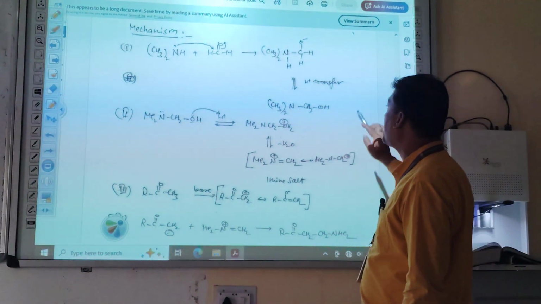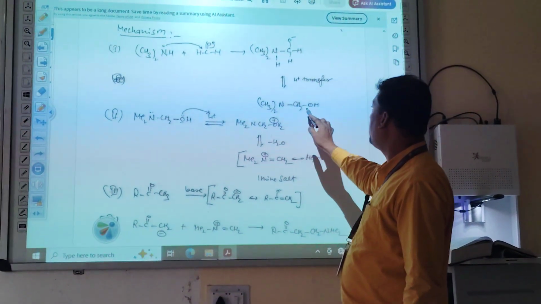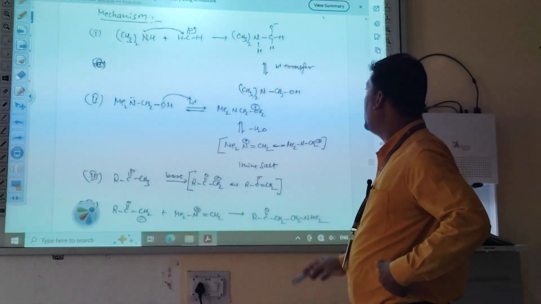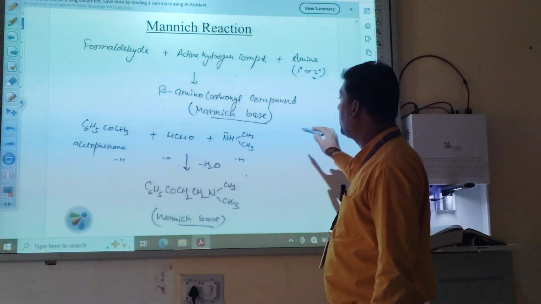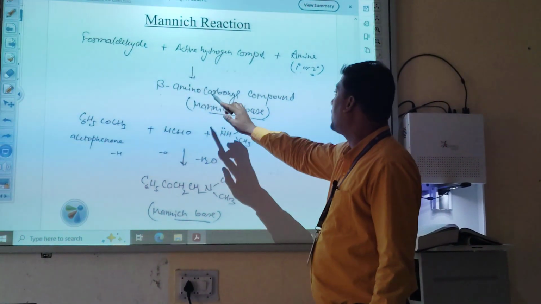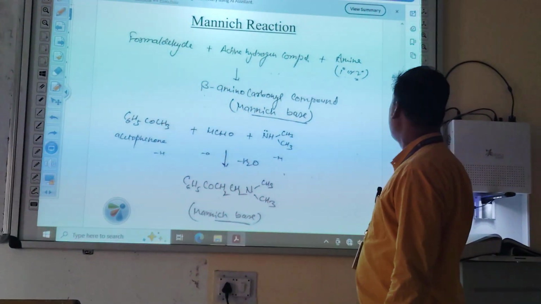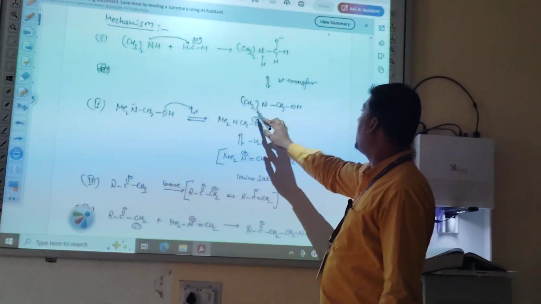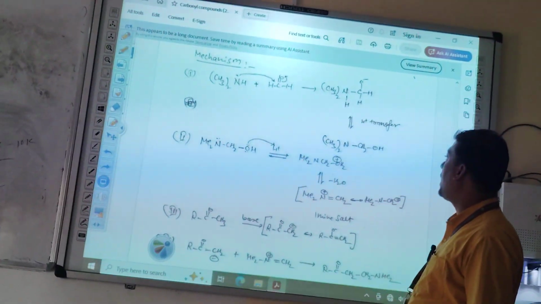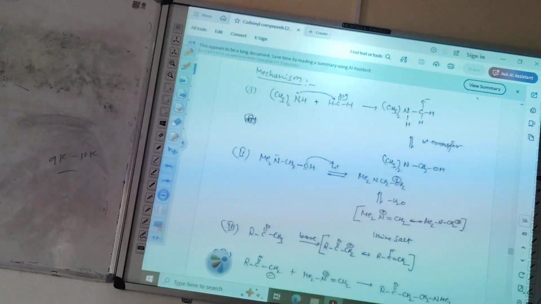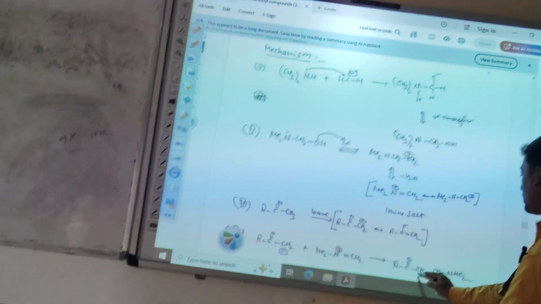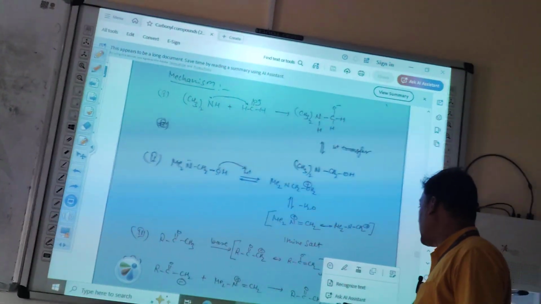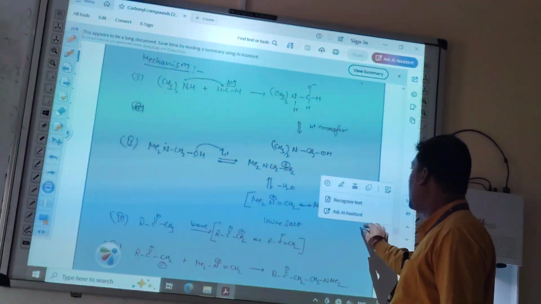Then H plus transfer will occur, and it will form the beta hydroxy, beta amino carbonyl compound. Finally, it will form the beta amino carbonyl compound. This is your alpha carbon, this is your beta carbon.